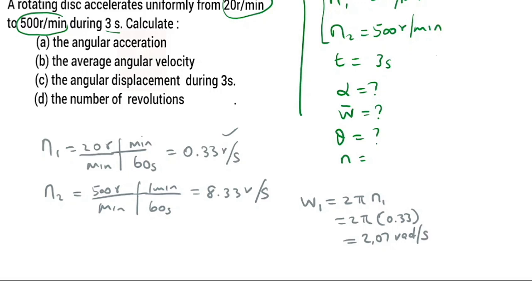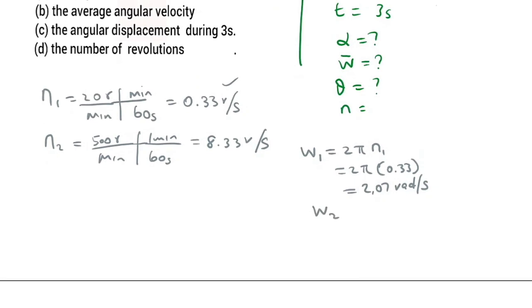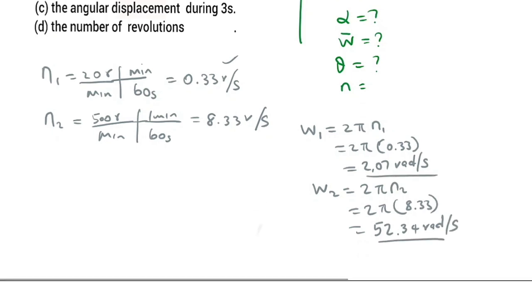Then let's calculate the angular velocity 2. Angular velocity 2 is equal to 2 pi n2, which is 2 pi times 8.33. This will give 52.34 radians per second. That is our angular velocity.